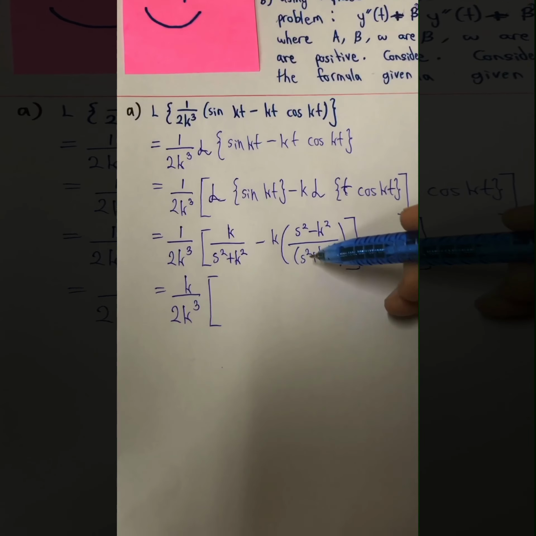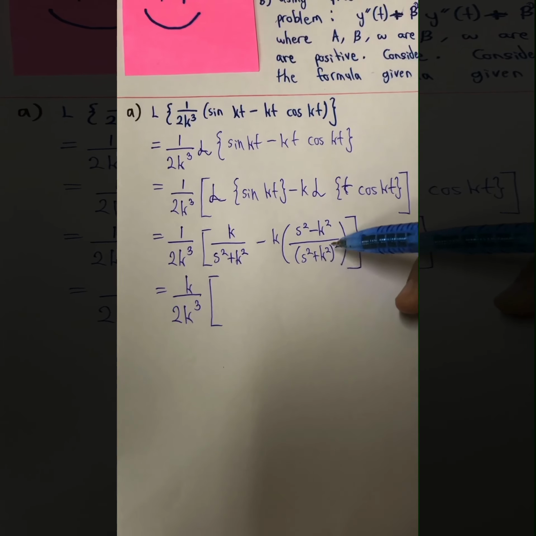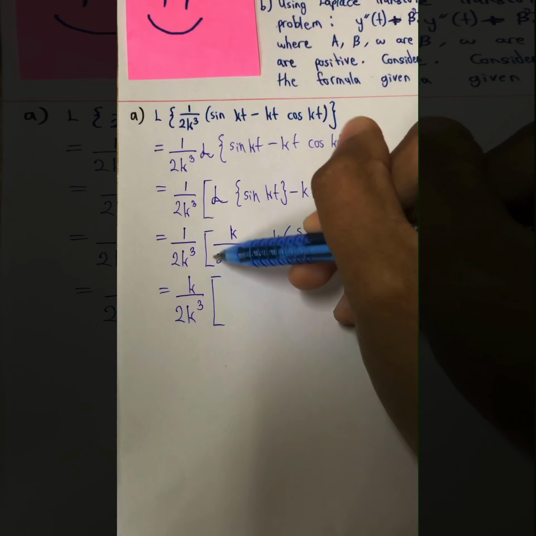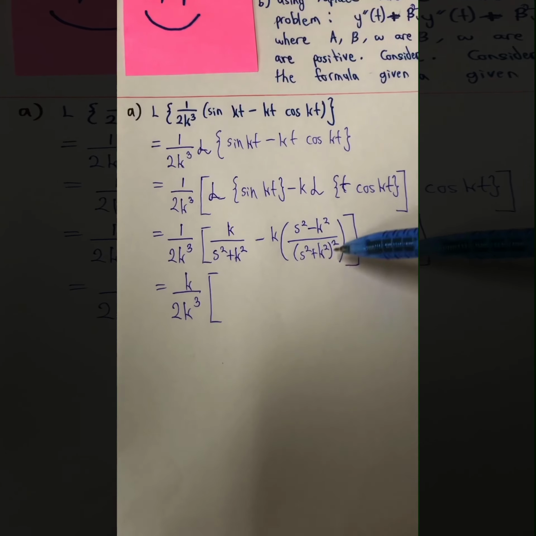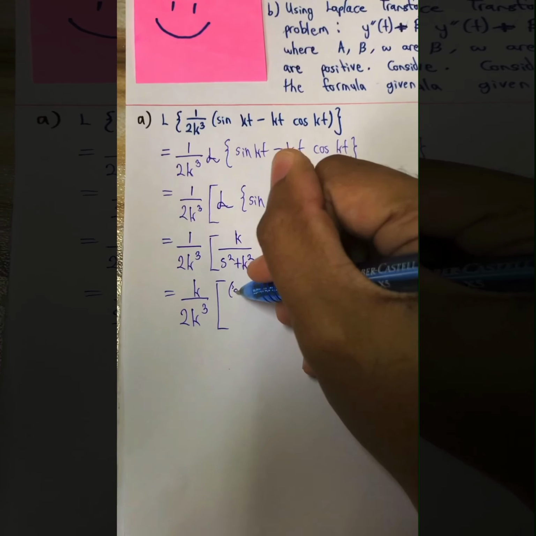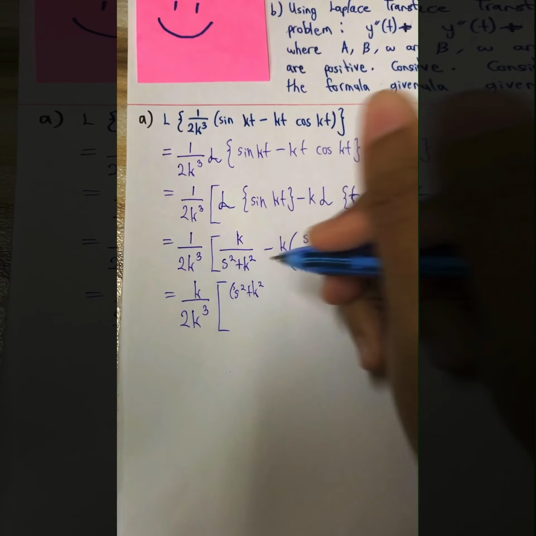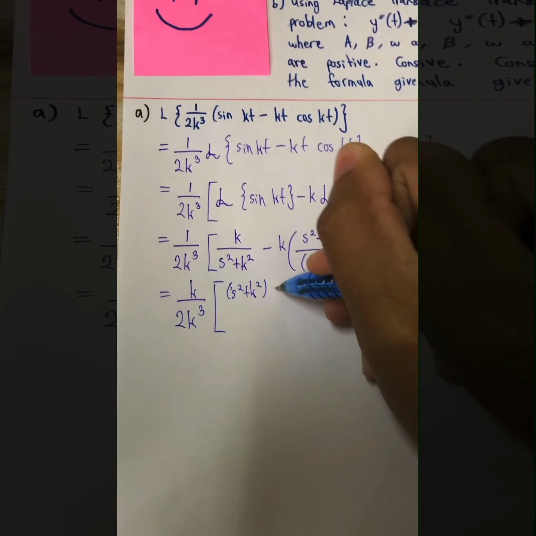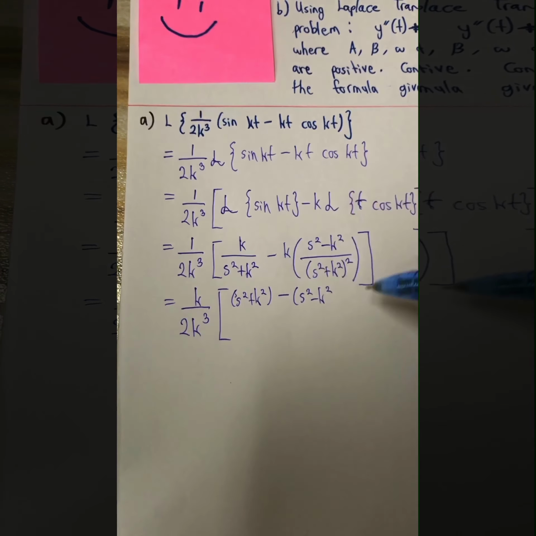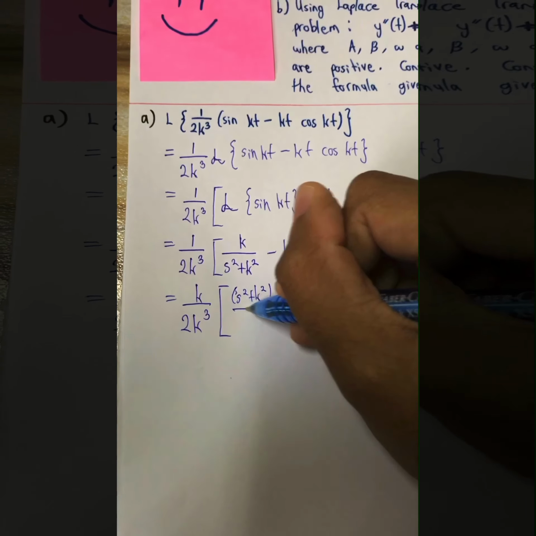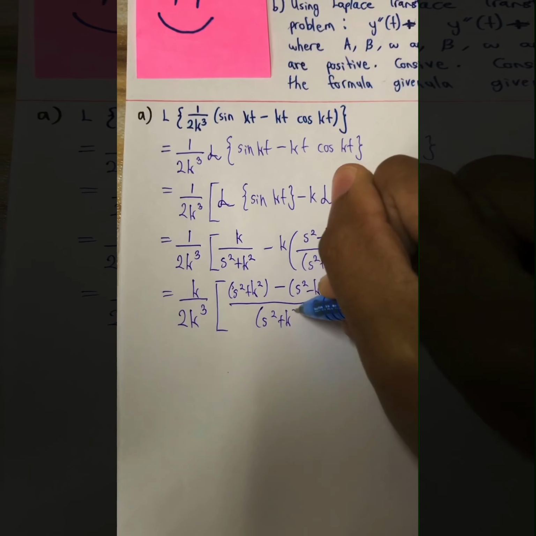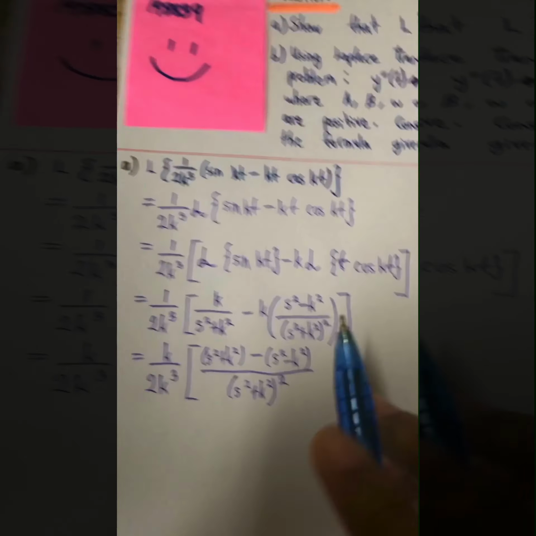Here we have (s square plus k square) squared, and here only one term, so we multiply this fraction with s square plus k square. K we already extracted out, so only s square plus k square is left, then minus (s square minus k square), and then over (s square plus k square) squared.